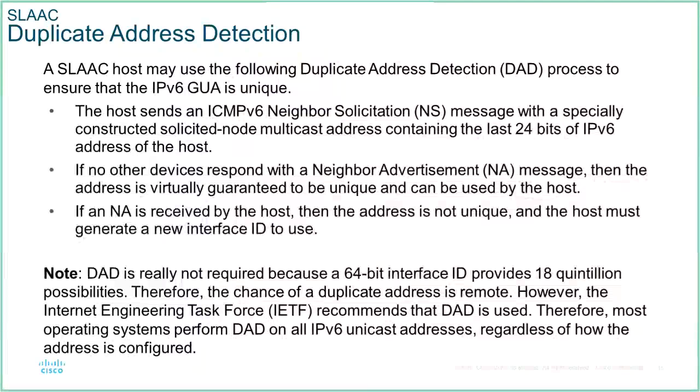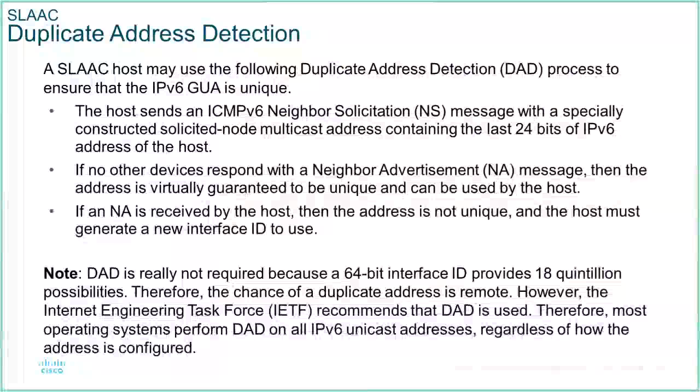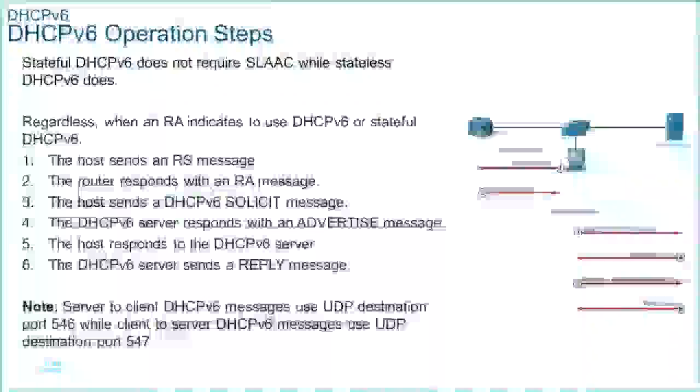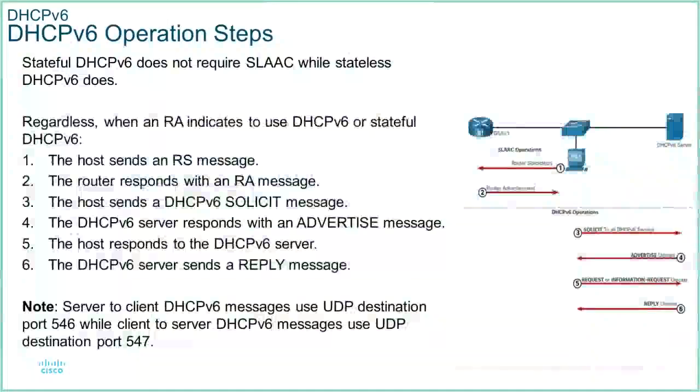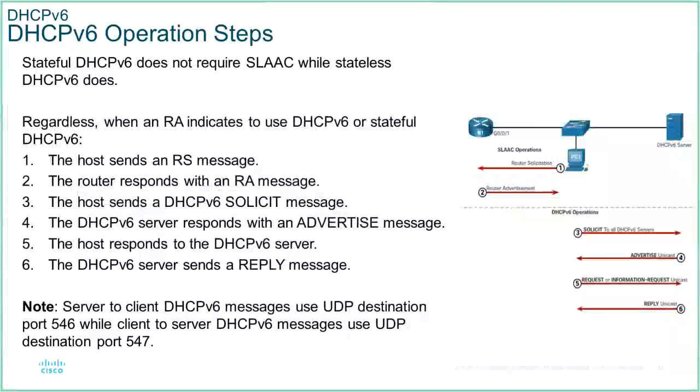Not going to say that it will never happen. Random number generators will occasionally generate the same number. But the chances of it happening on the same network within the same lease time, well, that greatly reduces it again.